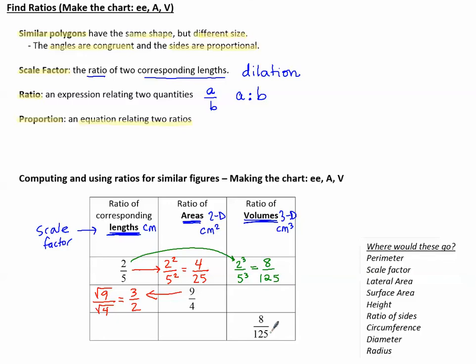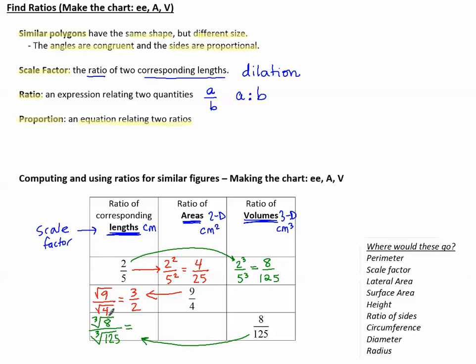If we're going backwards from volumes to scale factor, what's the opposite of cubing? Taking the cube root. The cube root of 5, I mean the cube root of 8, over the cube root, notice the 3 goes in that little corner of the root symbol, of 125.